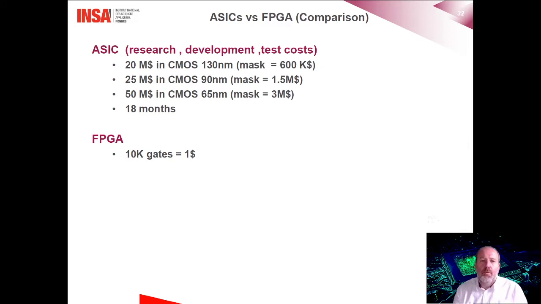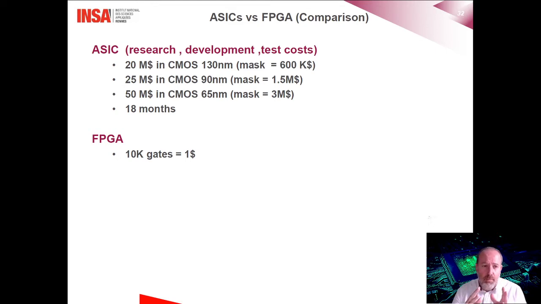So if we take a look at the research costs of several technologies, we may say that ASICs are much more expensive. For example, total costs including research, development cost, test, used to reach something like $20 million for a standard 130 nanometer CMOS technology, which is a very old one.